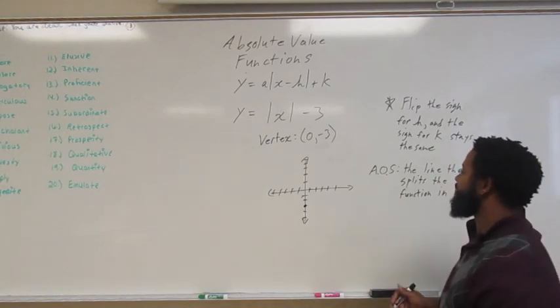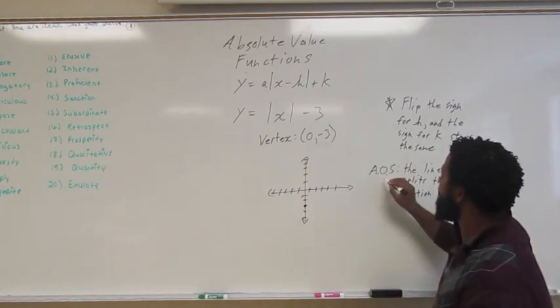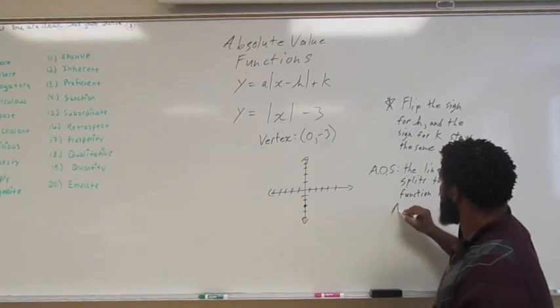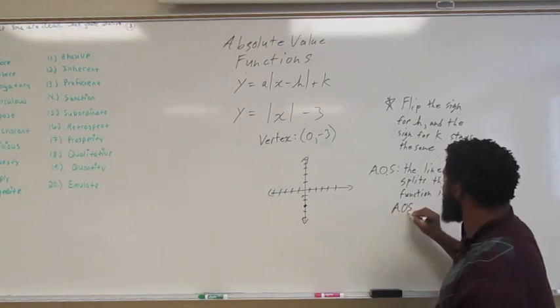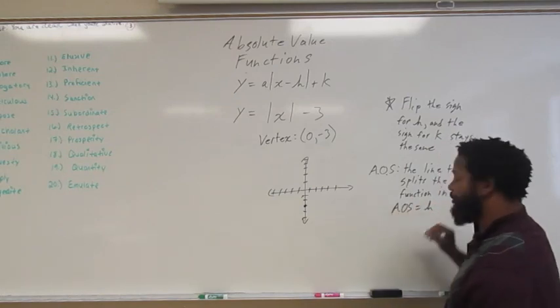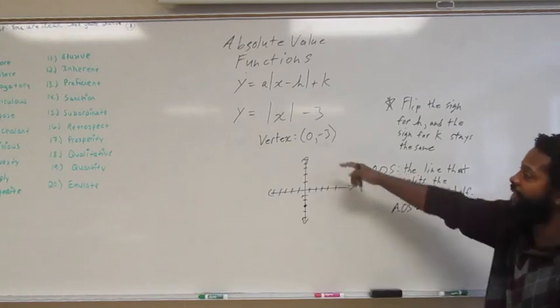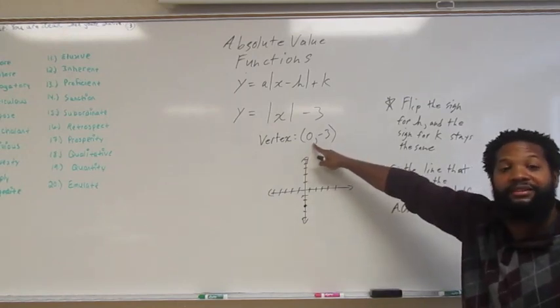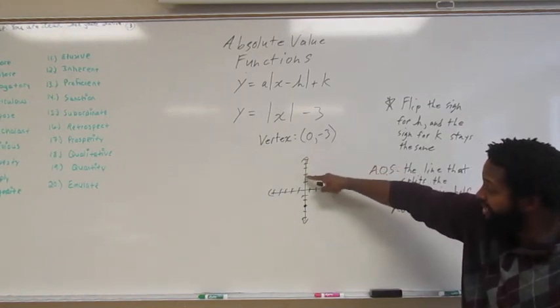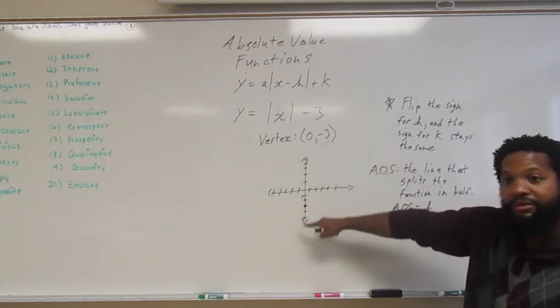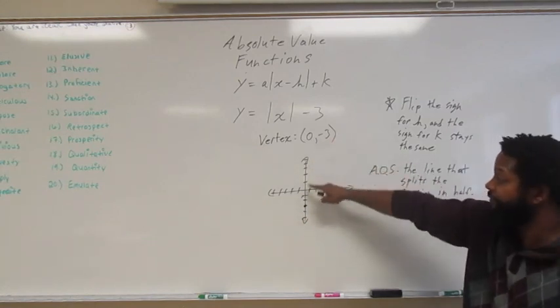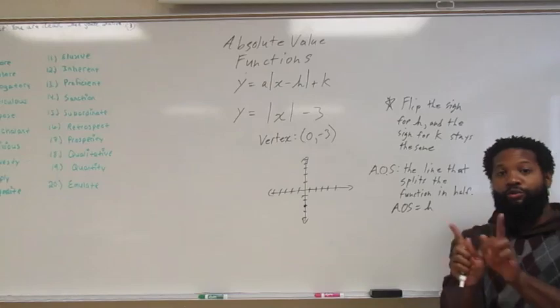So, in this type of situation, your axis of symmetry is equal to your H. Whatever your H is, whether it's 0 or something like that, this line coming down is splitting your function into 2 equal parts.